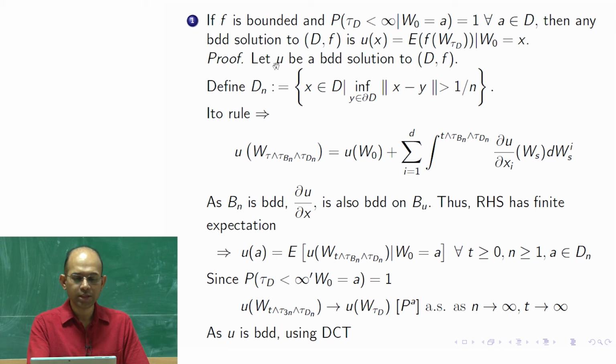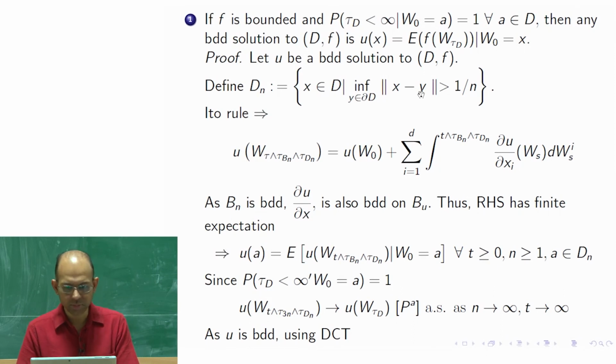So let U be a bounded solution to the Dirichlet problem D, f. Define D_n, the set of points x which are 1 over n distance away from the boundary: the infimum over all possible y in the boundary of the norm of x minus y. Let me see if I can draw something here.